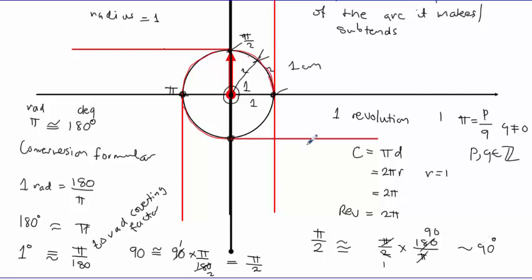Homework. You have a list of angles you call special angles: 0, 30, 45, 60. I'm talking about degrees, isn't it? I think even 180. Go and convert all of them to radians.